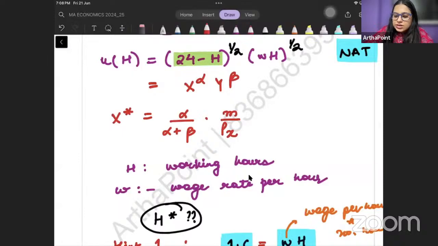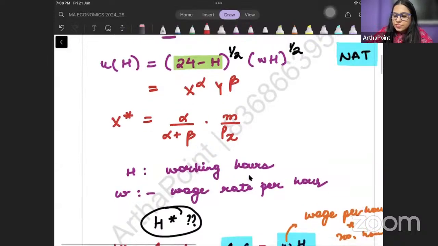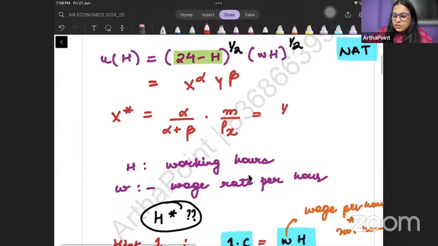Try to understand this. Alpha is half, alpha plus beta will be half plus half. What does x mean here? It means I am finding the value of h here.